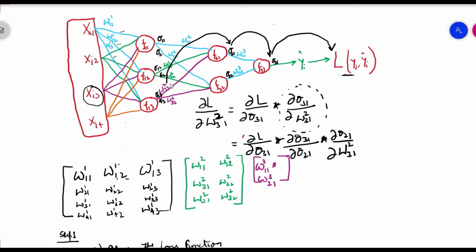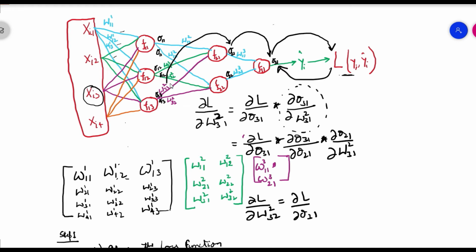And for W232, using the same formula and the chain rules of differentiation, the rate of change of loss with respect to our weight W232 will be equal to the rate of change of our loss function with respect to the output O31. So we have covered this part.